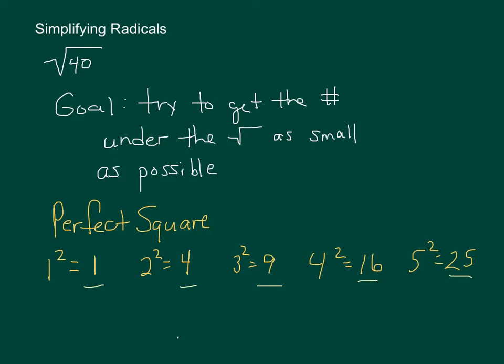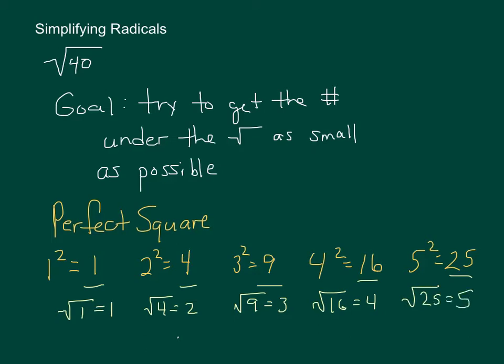Because if we put them under a radical, the square root of 1, if we go backwards, is 1. The square root of 4 is 2. The square root of 9 would be 3. The square root of 16 would be 4. And of course, the square root of 25 would be 5. So the first 5 perfect squares are 1, 4, 9, 16, and 25.